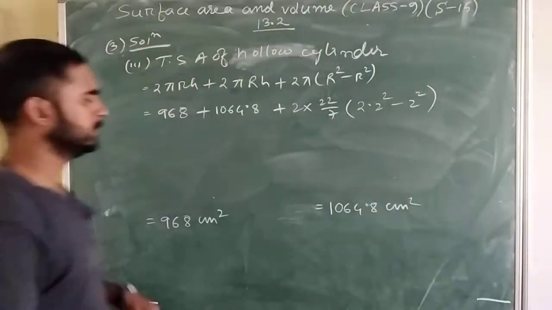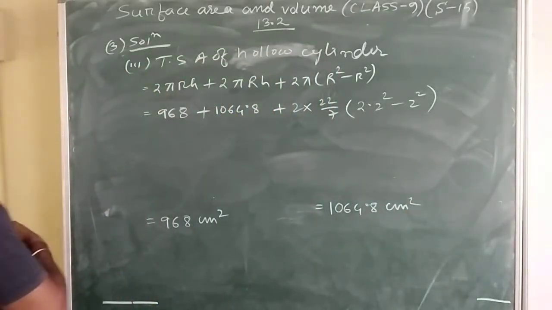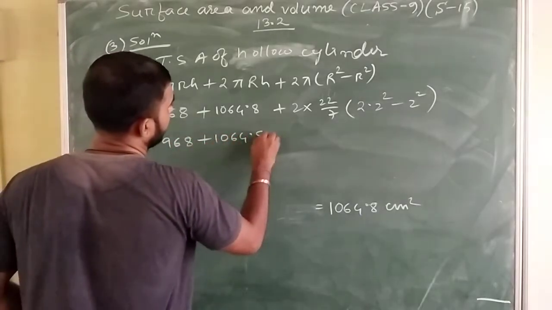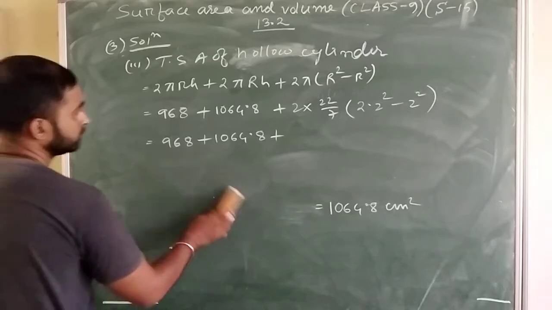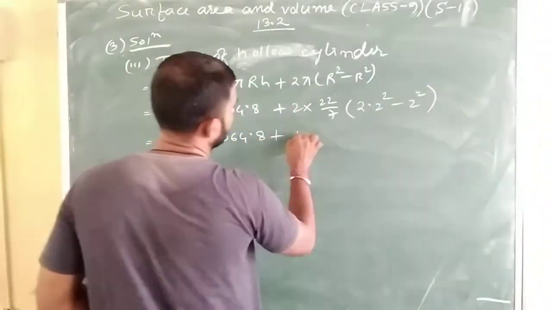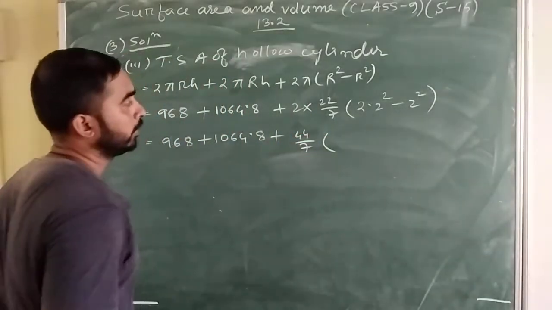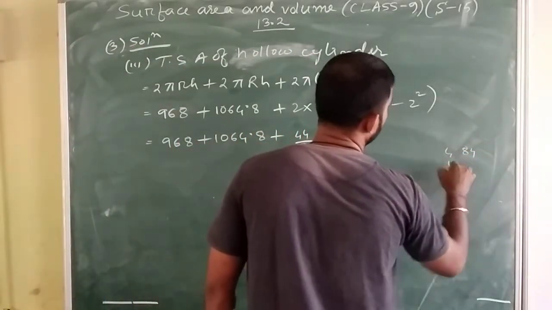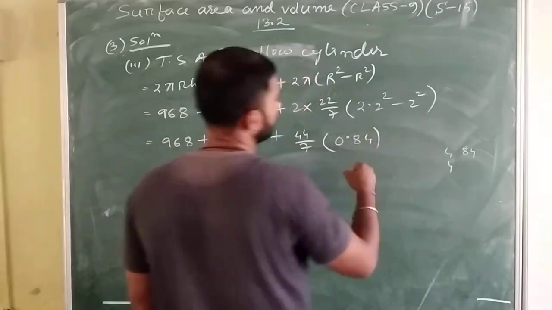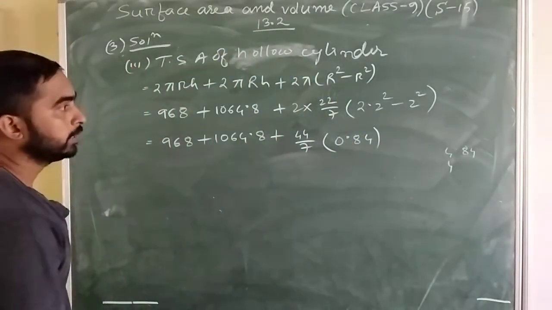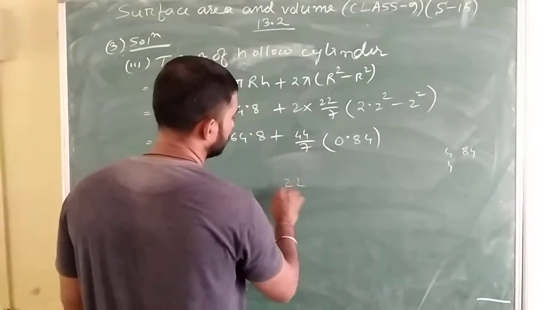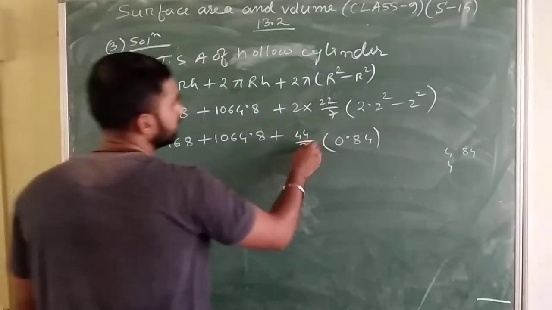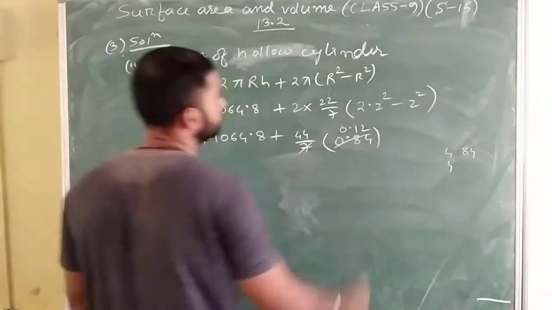So 4.84 minus 4 is 0.84, and 44 by 7 into 0.84 is 5.28.